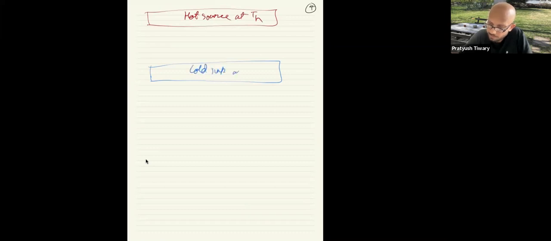So even though this proof is just for Carnot's theorem, which you can remember the statement very easily, I still like to go through the proof because I think it's elegant. So you have hot source at TH, and you have cold sink at TC.